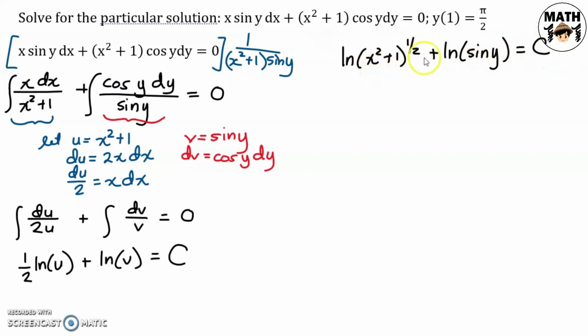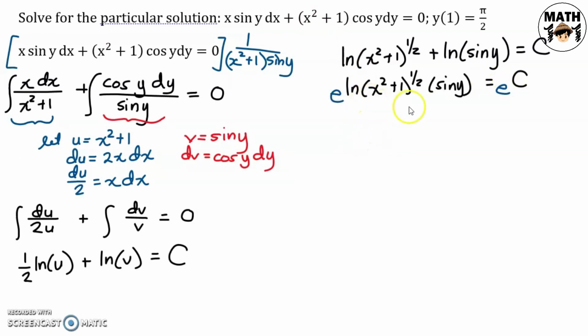Then, pagsamahin natin to, since sum siya, pwede siya maging product by laws of logarithm, multiplied by sin y equals c. And tanggalin natin yung ln dito by taking the e of both sides.